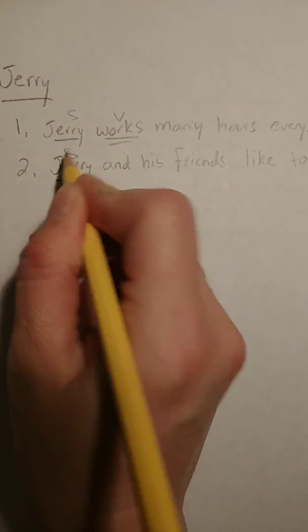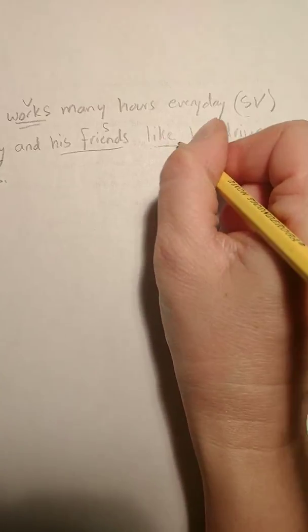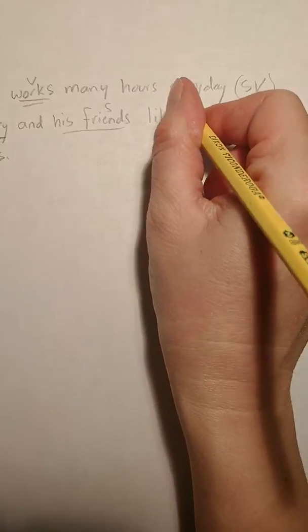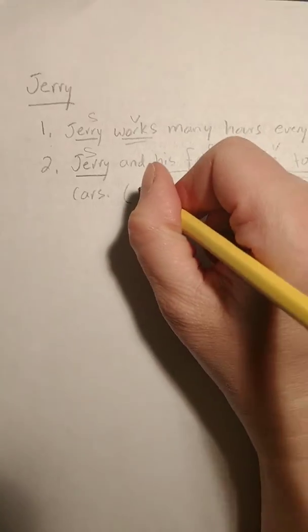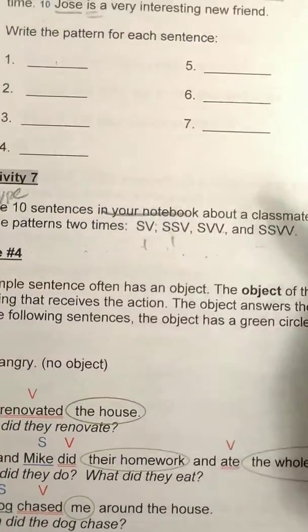Don't know if that's true, but we have 2 subjects here, Jerry and his friends, and then here we have the verb. So this is an example of subject, subject, verb. So write 10 sentences. I did one here and one here, and I would keep writing more. Of course, I want you to type, not write on a piece of paper and take a picture. Don't do that, type.